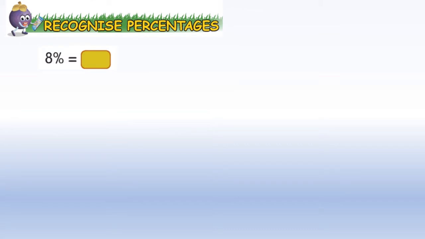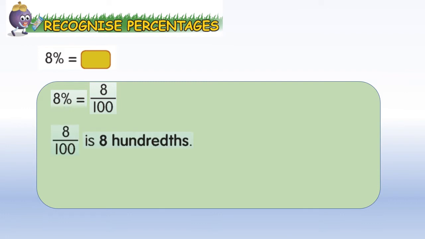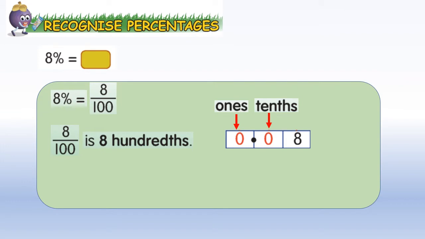This is 8%. Now we want to change 8% to decimal. So 8% is equal to 8 over 100. So 8 over 100 is 8 hundredths. So we read it as eight hundredths. We want to know where is the place value of 8.